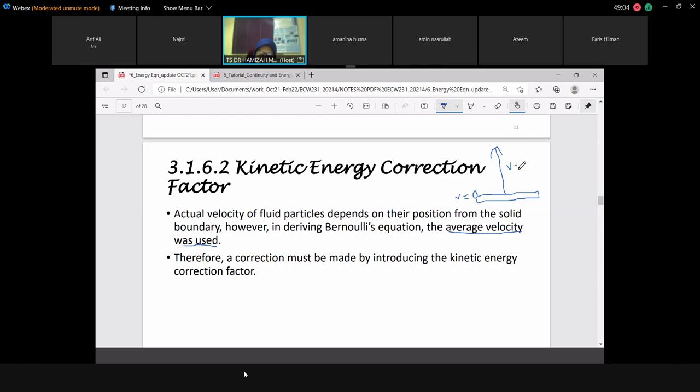Okay, because we are using the average velocity for all the path. Kita guna average velocity. That's why it can be considered as actual ataupun constant. Okay, therefore a correction must be made by introducing the kinetic energy correction factor.